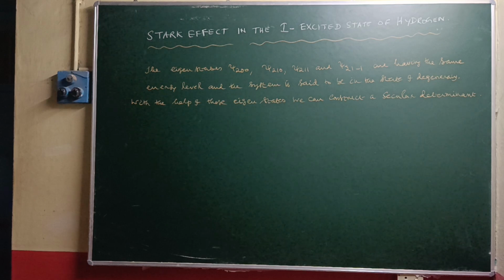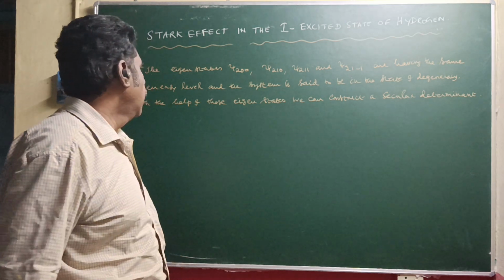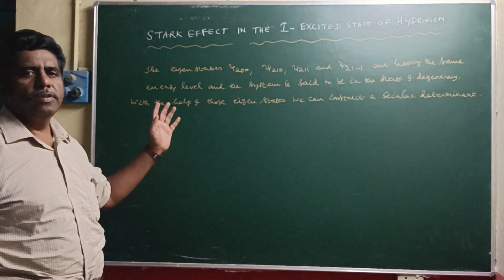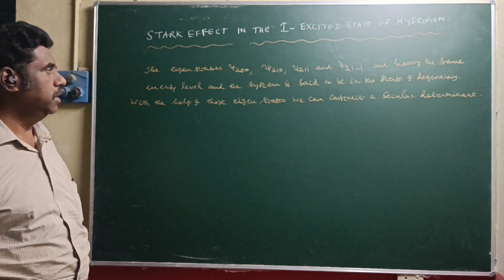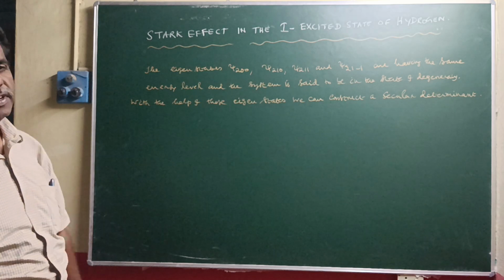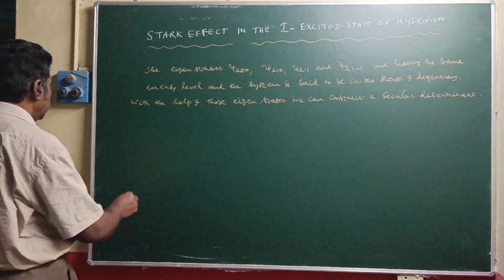The eigenstates psi 2 0 0, psi 2 1 0, psi 2 1 1 and psi 2 1 minus 1 have the same energy eigenvalue. Therefore, the system is said to be in a state of degeneracy. With the help of these eigenstates, we can construct a secular determinant.